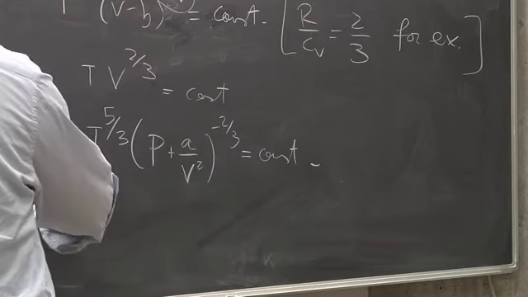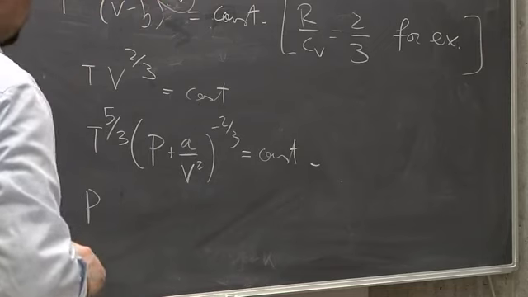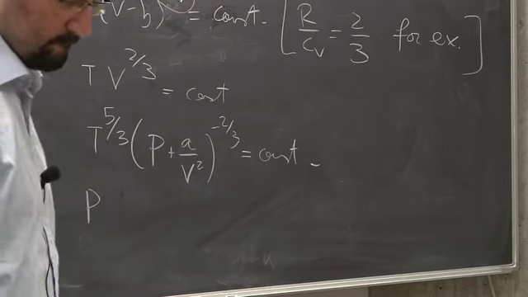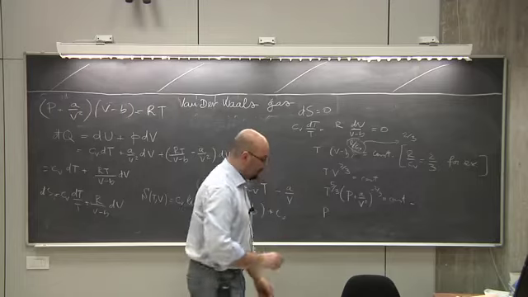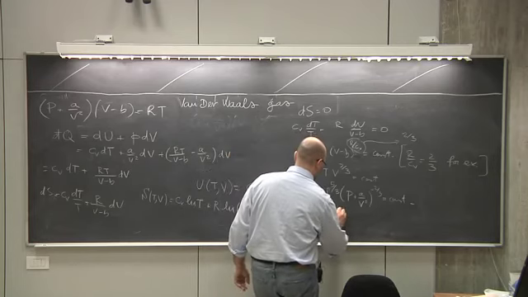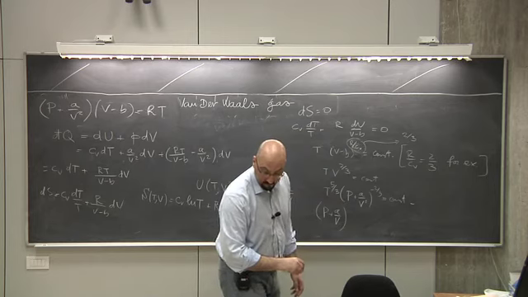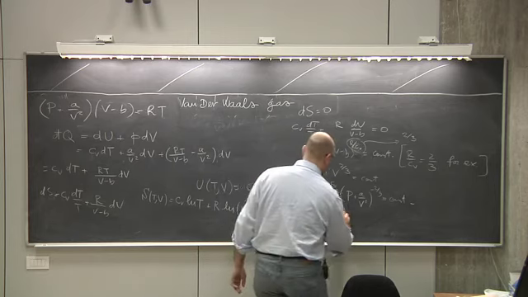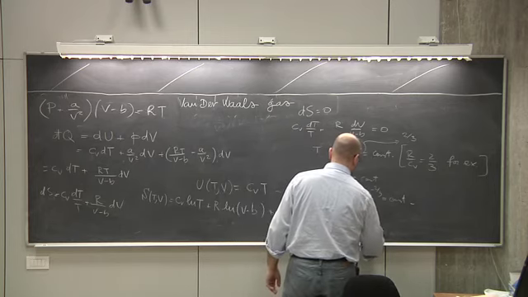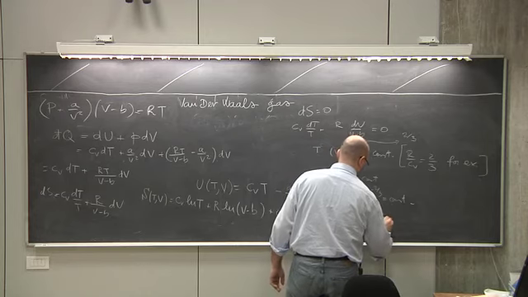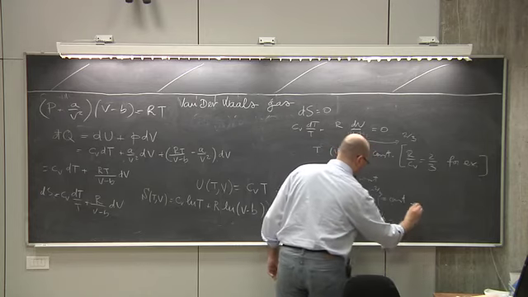If you now solve for T from the equation of state, you find that P plus A over V squared times V minus B to the 5/3 is equal to a constant.